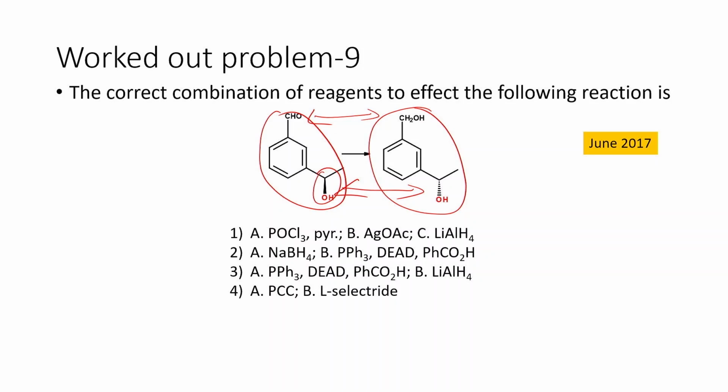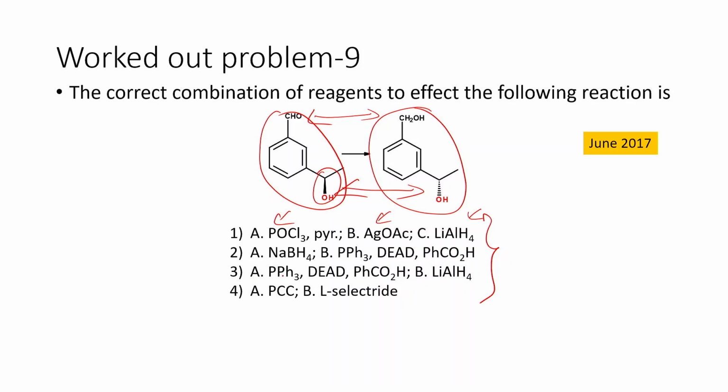So a reduction also has happened, and here are the various combinations of the reagents that are given. First one is POCl3 pyridine. This is the first reagent that is used, followed by silver acetate and lithium aluminum hydride. In the second one we have sodium borohydride and triphenylphosphine and DEAD, with benzoic acid as an esterifying acid.